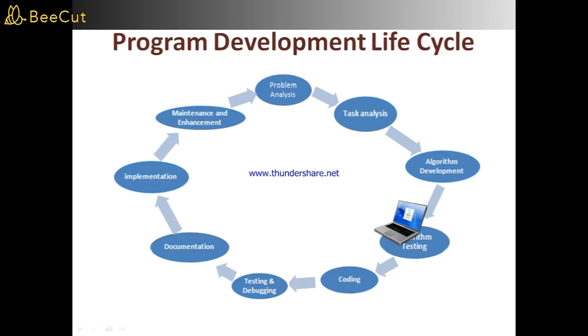Fine. Remember, we just discussed the four steps involved in the program development lifecycle: problem analysis, task analysis, algorithm development, and algorithm testing. Once the testing has been done, we can convert it into a program, or actual coding.